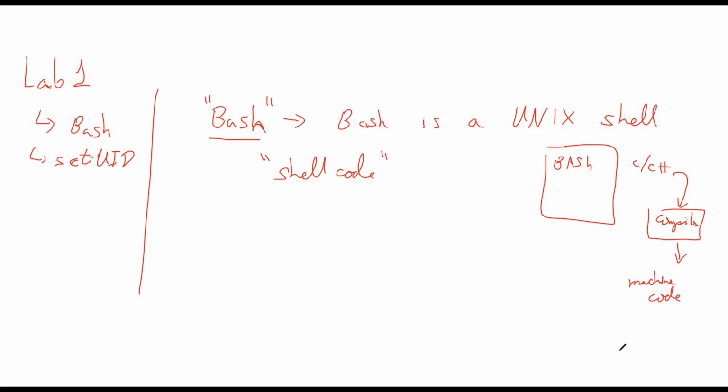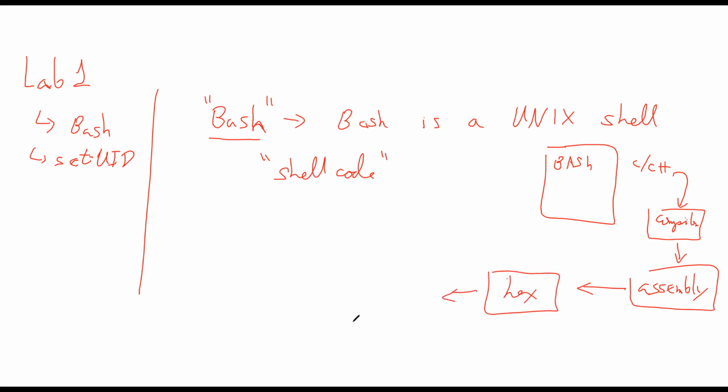Then it looks like hexadecimal, and it keeps going all the way down, like binary, right?